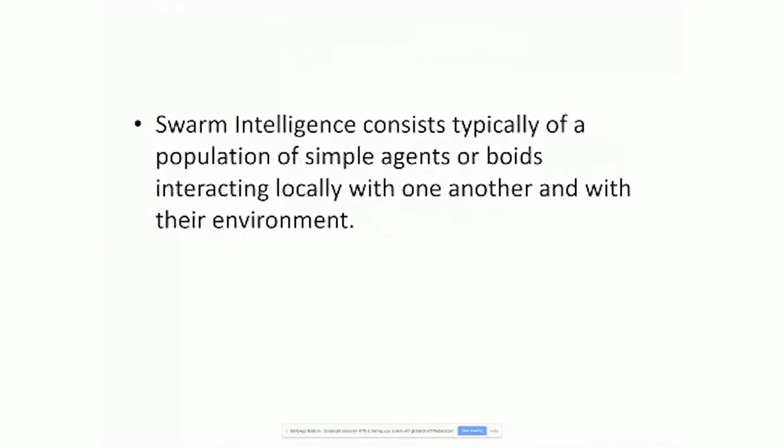Now, swarm intelligence consists of a population of simple agents. What are agents? When you talk in terms of agents, we are moving into a field of machine learning called reinforcement learning. Artificial intelligence, when it evolved, changed from artificial intelligence in a broader sense to machine learning.